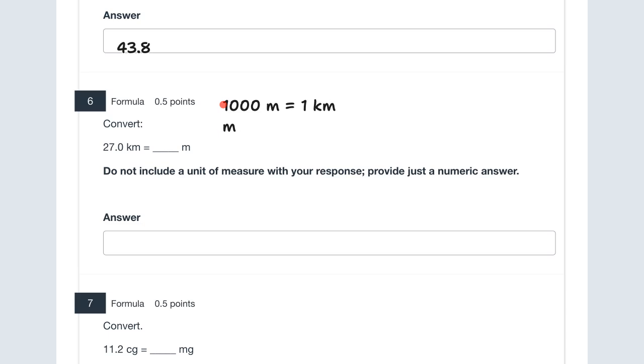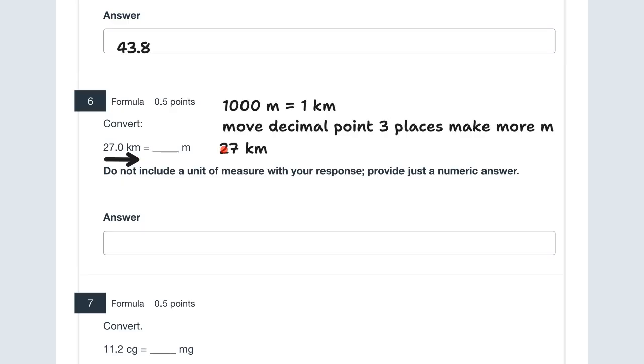So in this case, we're going to move the decimal point 3 places, to make it bigger, to make more meters. We move the decimal point to the right 3 places. So that means 27 kilometers will equal 27,000 meters.